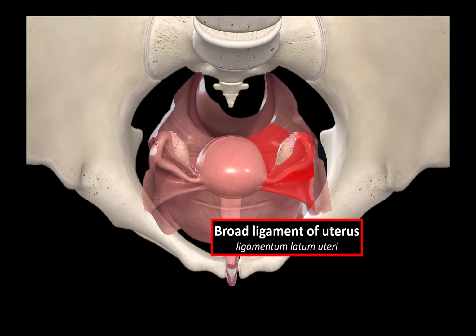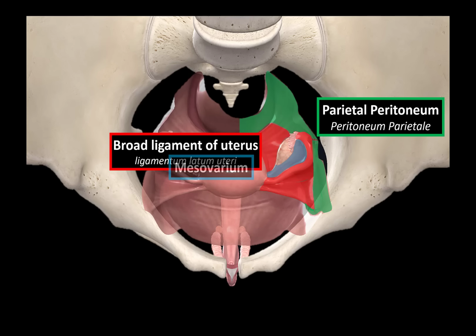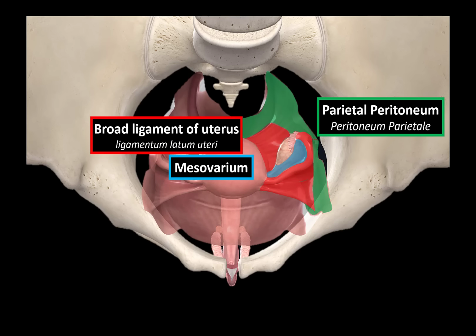The broad ligament is attached to the uterine border medially and is laterally continuous with the parietal peritoneum of the pelvic wall. The broad ligament of the uterus consists of three parts, but there is one particular part of this ligament that is important to know regarding the fixation of the ovary, and that one is the mesovarium.